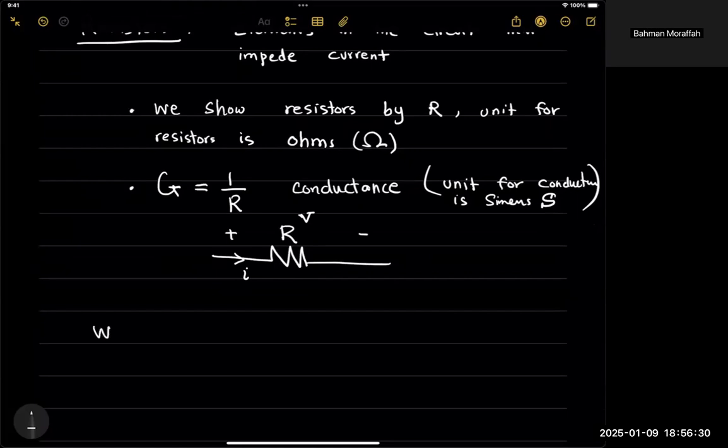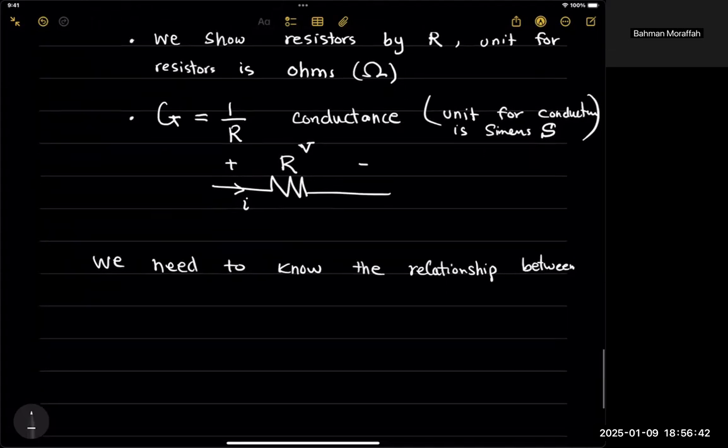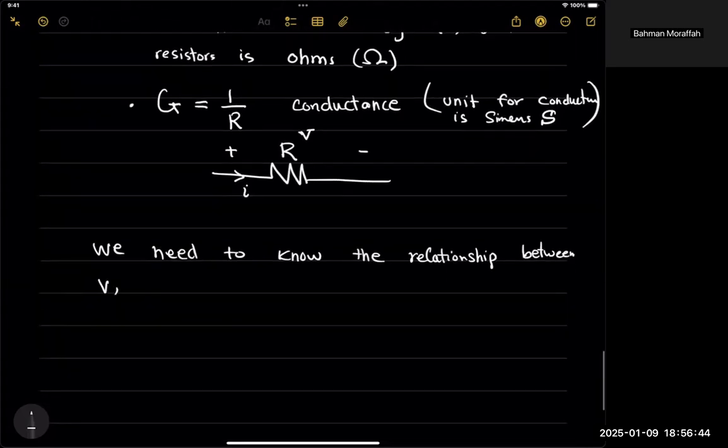So we need to know the relationship between V, R, and I.